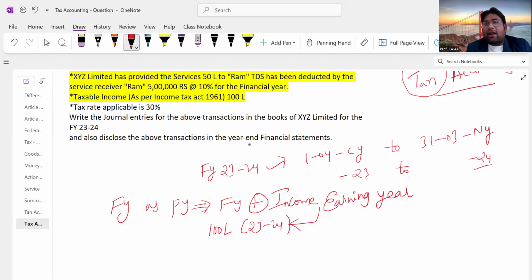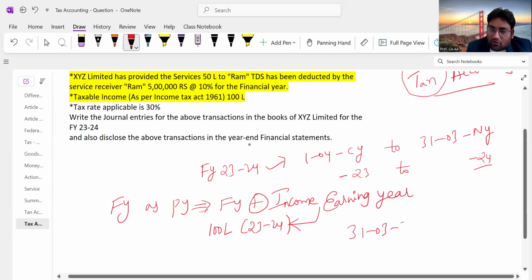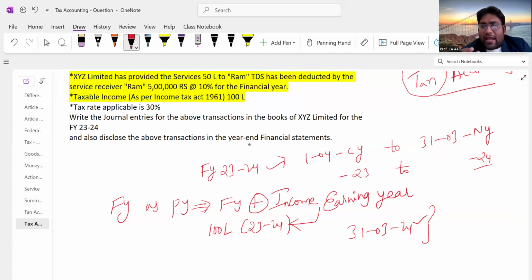When do they pay tax on it? They pay tax after closing the books of accounts, on 31st March 2024. Only after closing the books will we get accurate information about the profit, and only then can we pay the taxes, right?